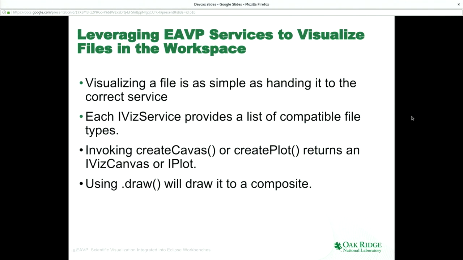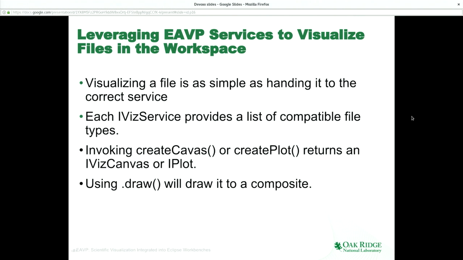So how do you actually use these? You basically take the file or data you want to visualize, and you get the IVIS service that you want, and each IVIS service publishes a list of file types that it can handle. You basically find the one you want, and then you pass the file through the create canvas or create plot method.